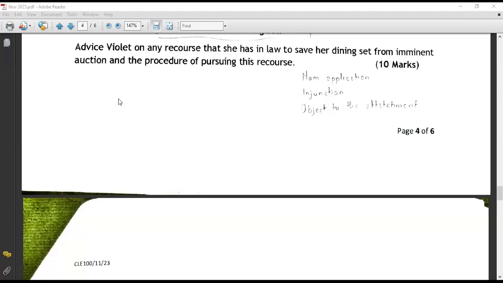So the relevant rule is Order 22, Rule 50 to 54. You can look at it later. It is the relevant rule on objections. Then Section 46 of the Civil Procedure Act.